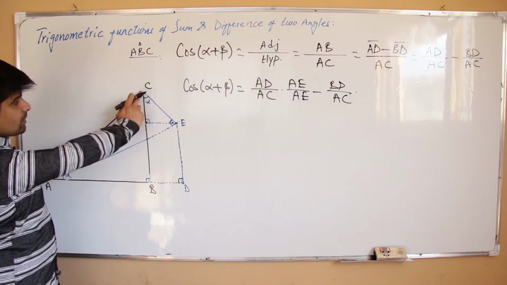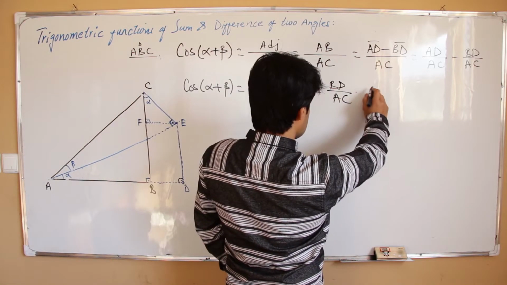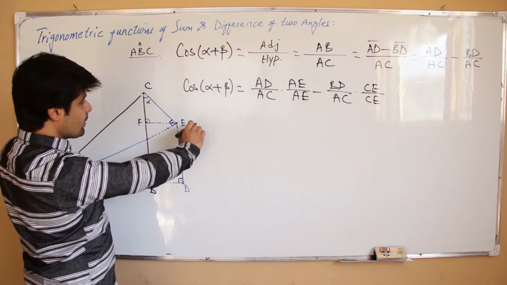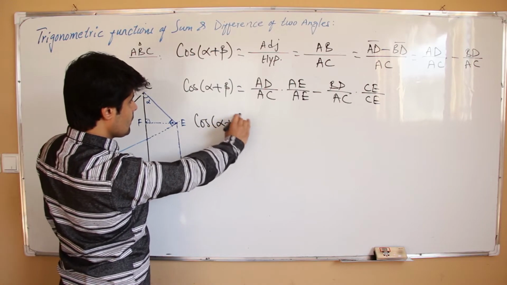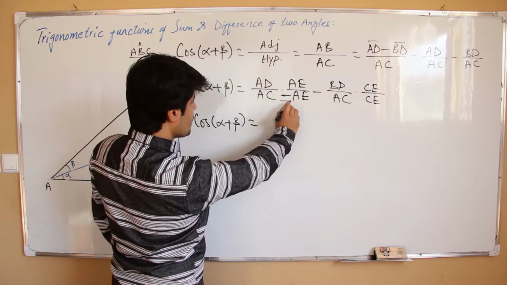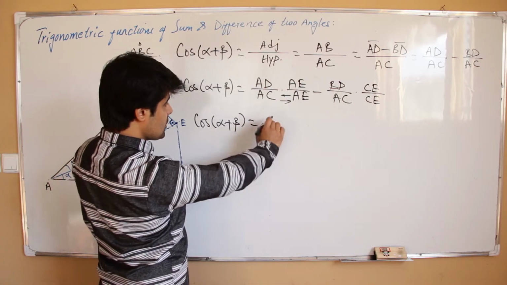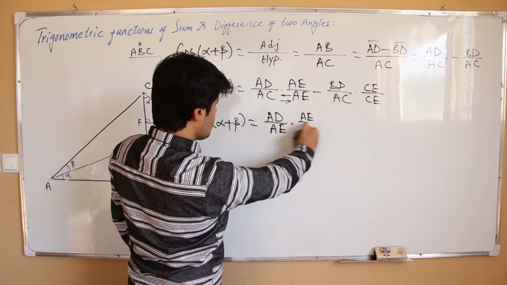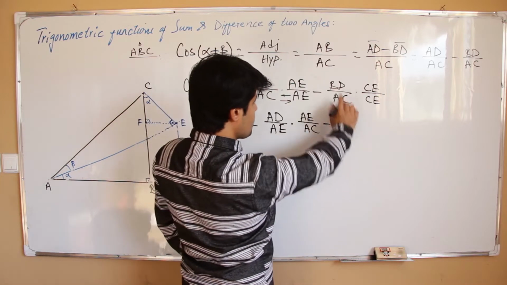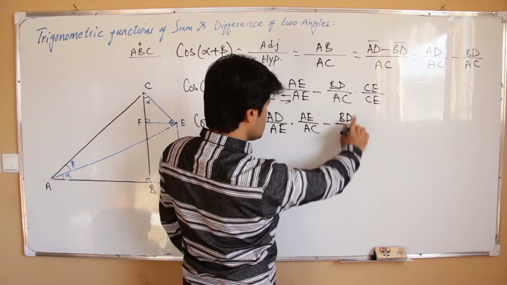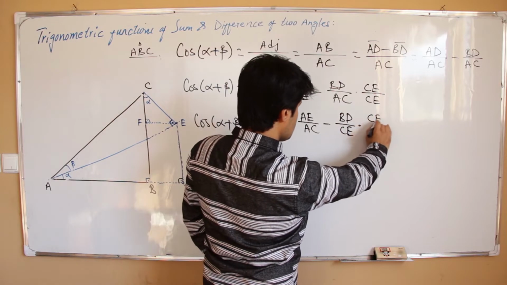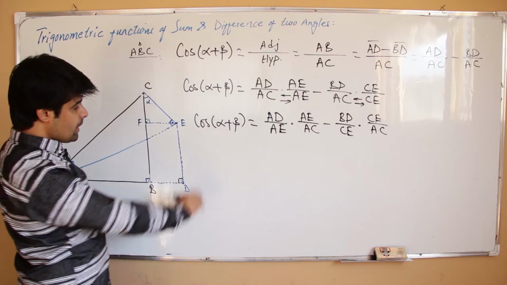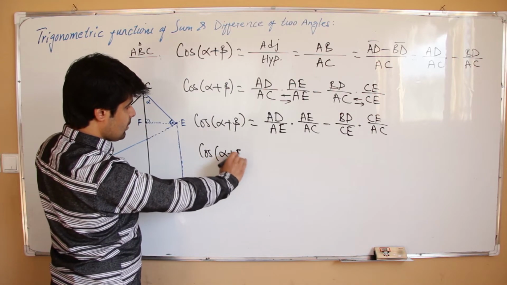And here I will multiply this line CE or EC, CE by CE. Am I right? Yes. Now cosine of alpha plus beta is equal to, I will change the denominator's position, AD by AE times AE by AC minus BD by CE times CE divided by AC. Am I right? Yes.